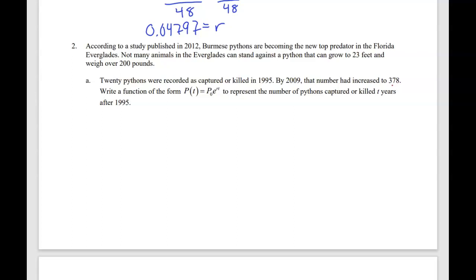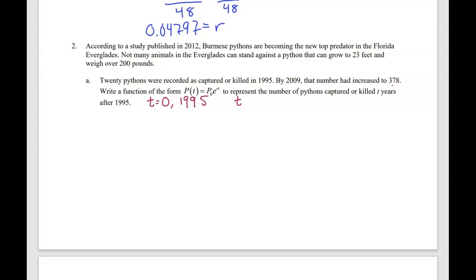Write a function of the form P of t is equal to P0 e raised to the rt to represent the number of pythons captured or killed t years after 1995. So our t equal to 0 is going to represent 1995.